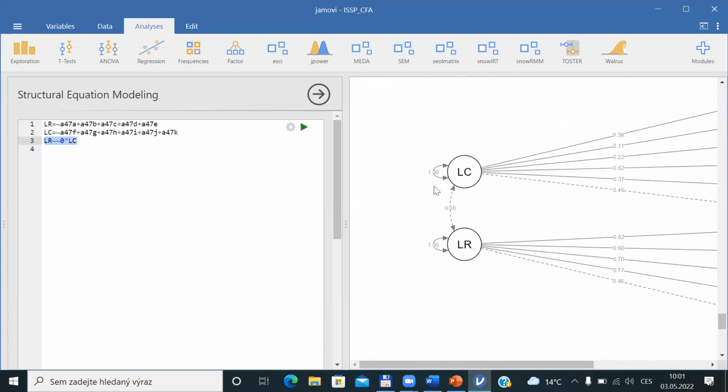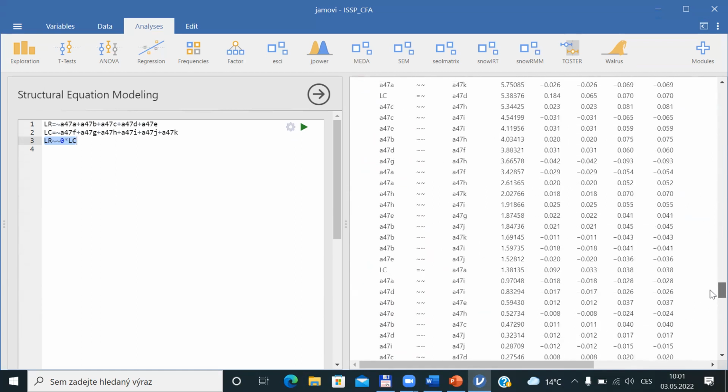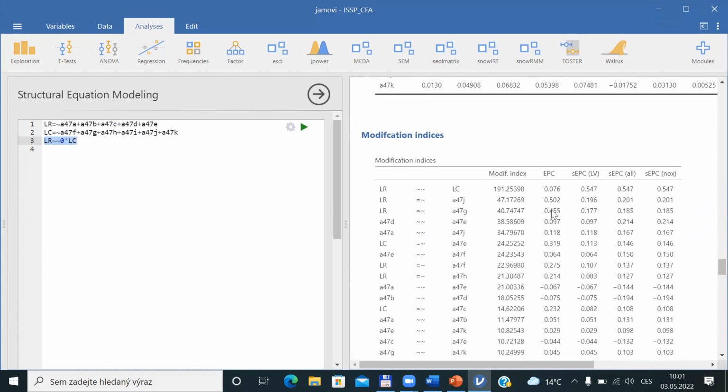So not zero, but I should add some relationship for these two dimensions. That's what the modification index table recommended in the first step. And once again, if I can see the biggest value for a modification index, I try to substantively decide whether I should add this parameter into the model or not.